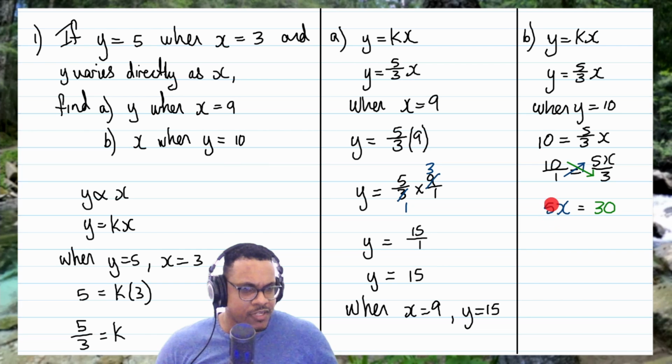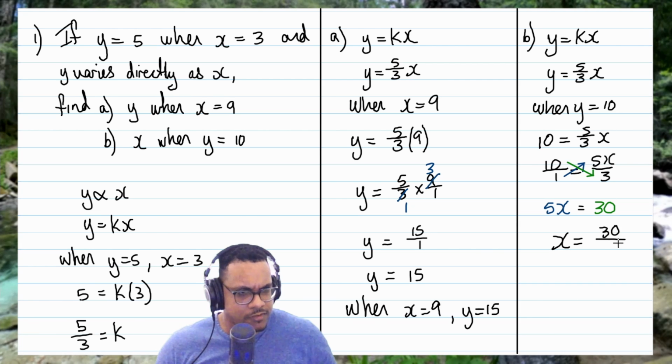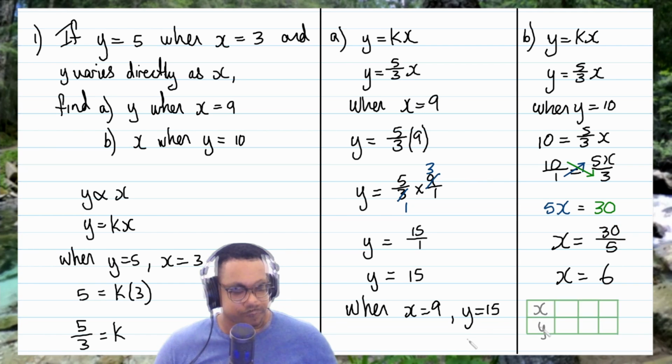So we'll transfer this 5 across the equal sign, and this is 5 multiplied by x. So when we transfer it across, the operation will change from multiplication to division. So I'll get x is equal to 30 divided by 5. So x is equal to 6, and that's because 5 can go into 30 6 times.